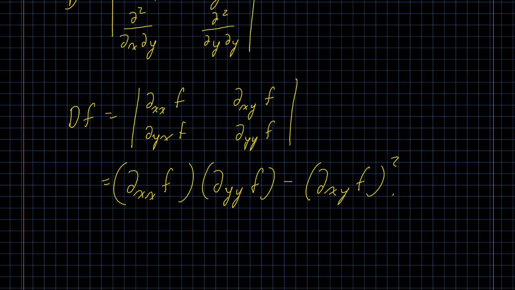And again, because of Clairaut's theorem, partial with respect to x, then y, partial with respect to y, then x, it's the same thing. We can do it all at once.